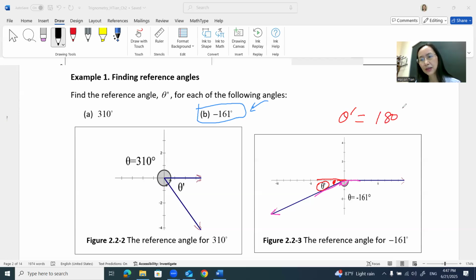It can be calculated if we subtract 161 from 180 degrees. So that's a 19-degree angle. So for both problems, we have found their reference angles.